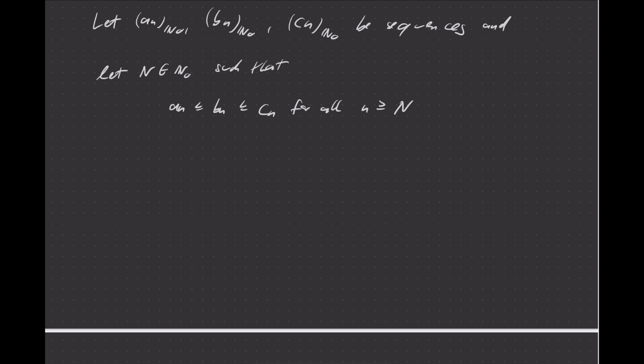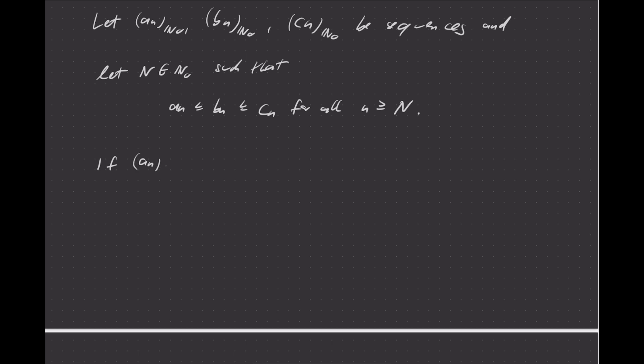And what makes this even more clear is the next requirement. It says if an and cn are convergent sequences and converge to the same value, so that the sandwich gets thinner and thinner, then bn must also converge. So that's the idea here.